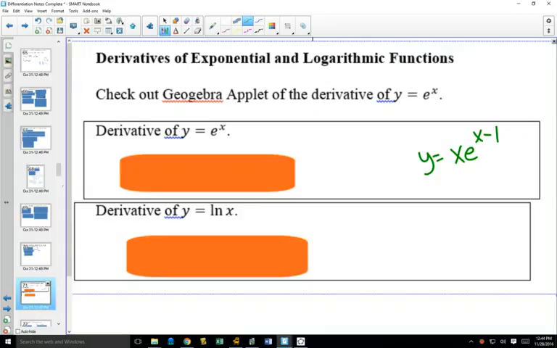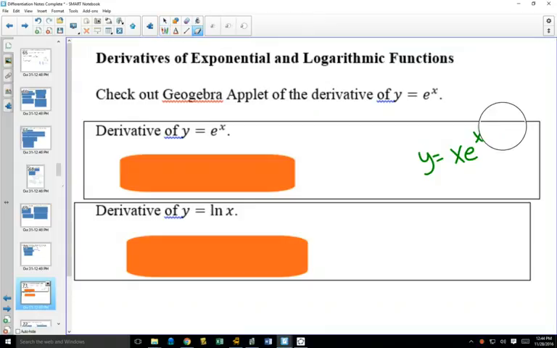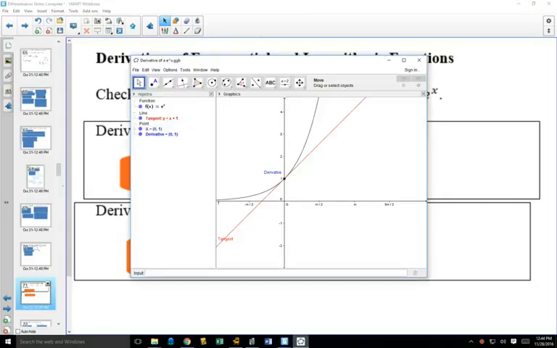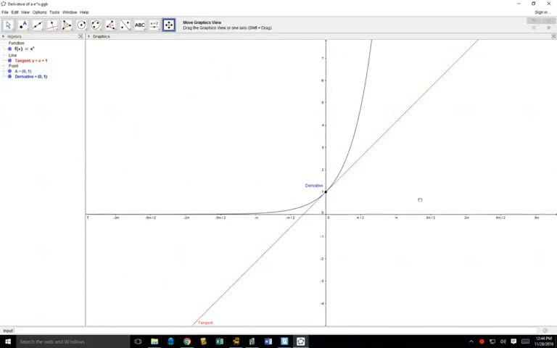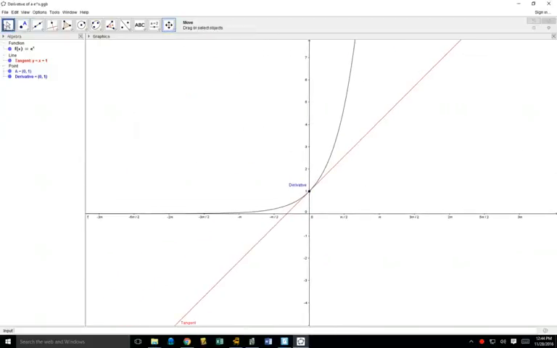So what I have for you guys is this little applet that I made, and the black graph right there, I'll make it nice and big. Let's move things. There we go. That looks pretty.